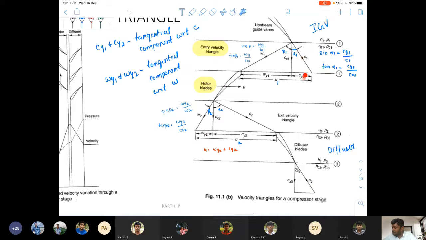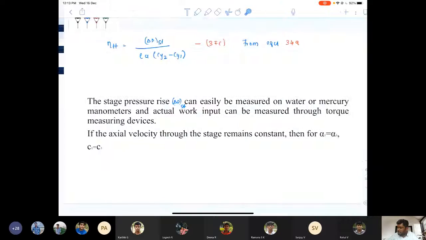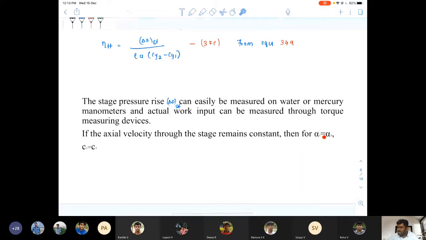Therefore, we will be using this equation from the velocity diagram and making an assumption that alpha 1 is equal to alpha 3 and C1 is equal to C3. Then we can write an equation: H03 minus H01 is equal to H3 minus H1.